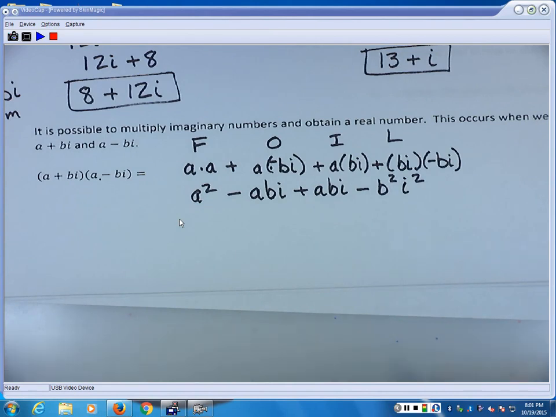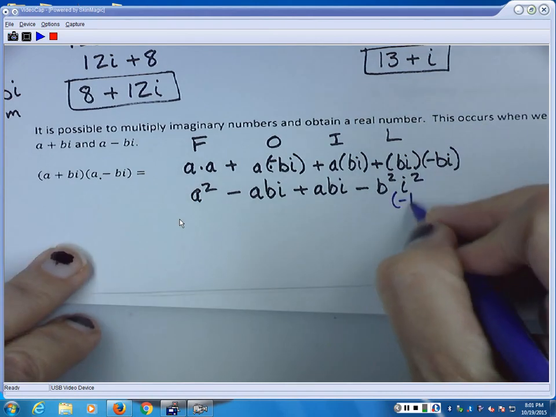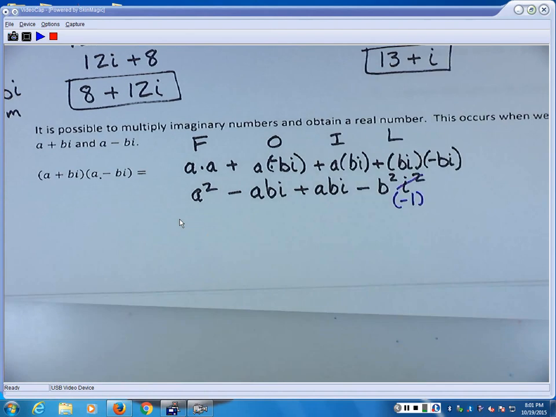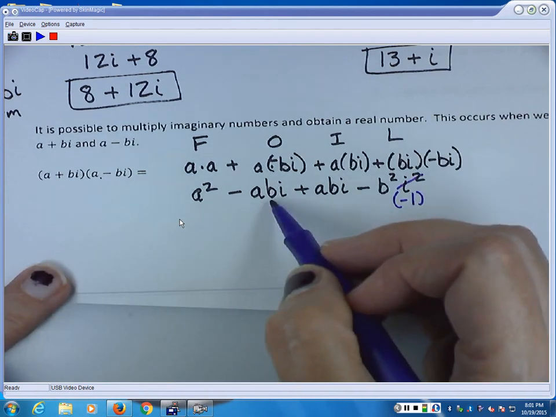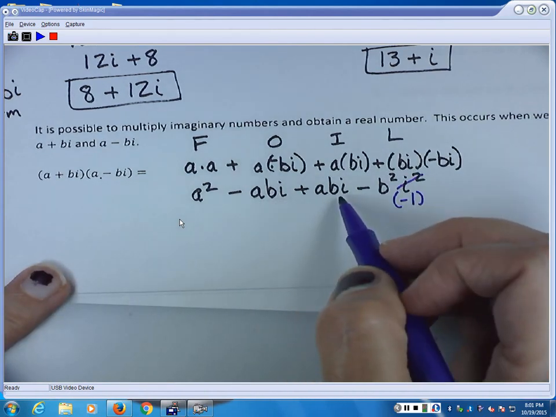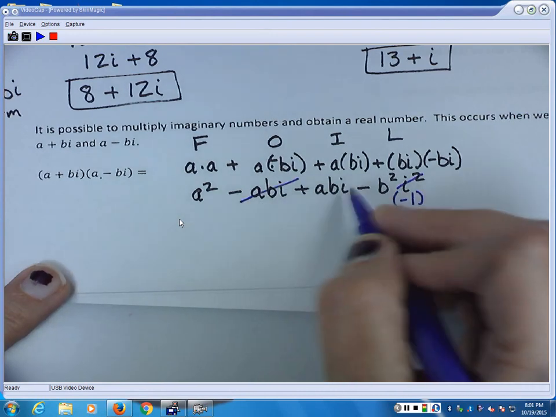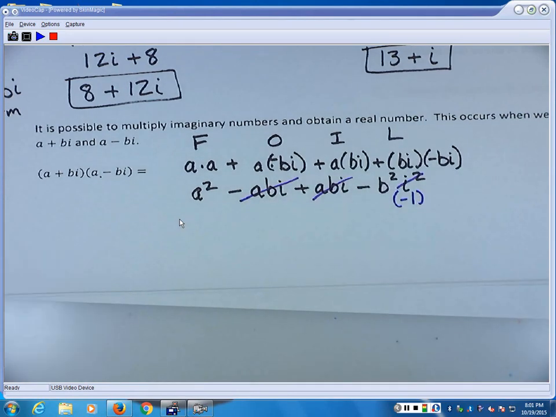Anytime you get an i squared, that's minus 1. And minus abi plus abi, that'll be 0. If you have minus 4i plus 4i, for instance, or if you have 4 minus 4, say you didn't have an i in there, that is 0.